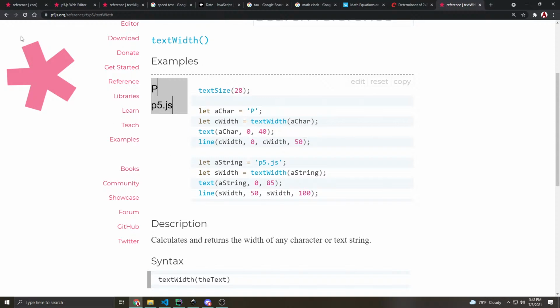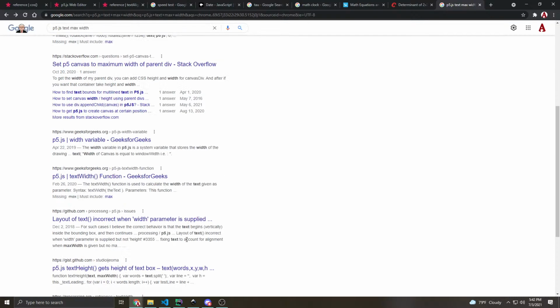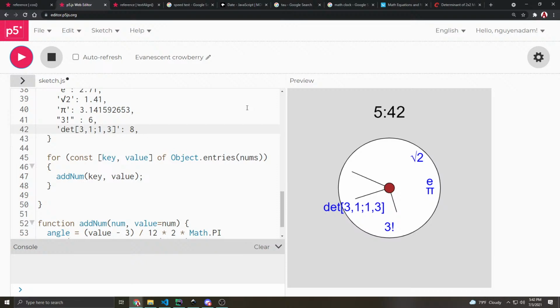We can figure out the width of it, but yeah, I don't know. It might be a little hard.